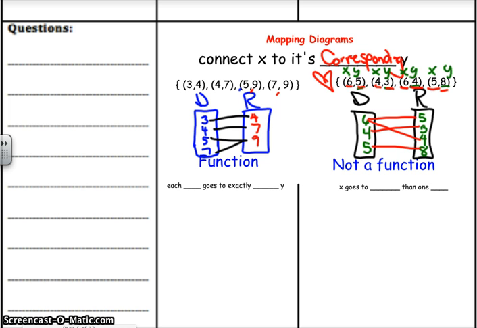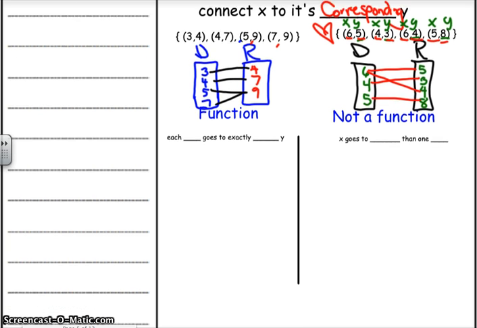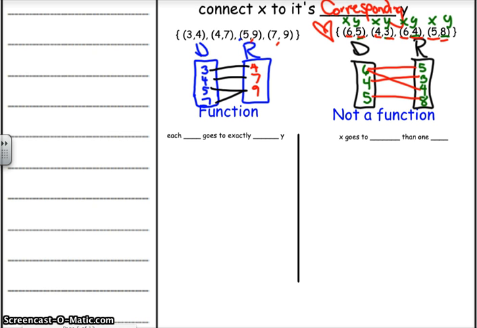Now, given a mapping diagram where I made the mapping diagram, I have to determine is it a function or not. And that's from our vocab words before. A function means that each x goes to exactly 1 y. Each x goes to 1 y. So I look at my x's.